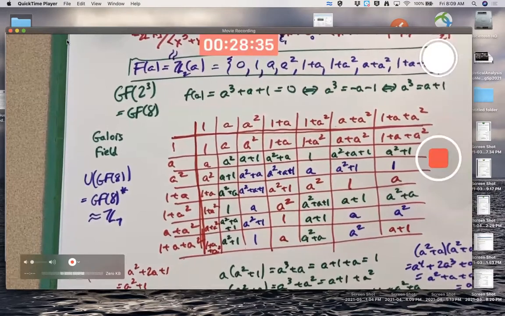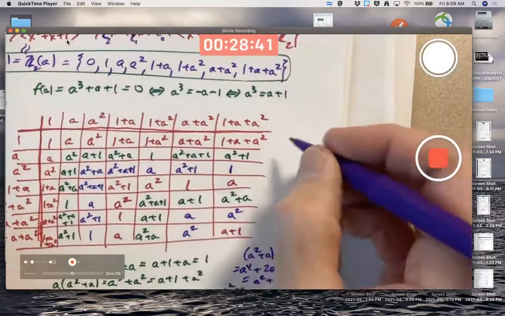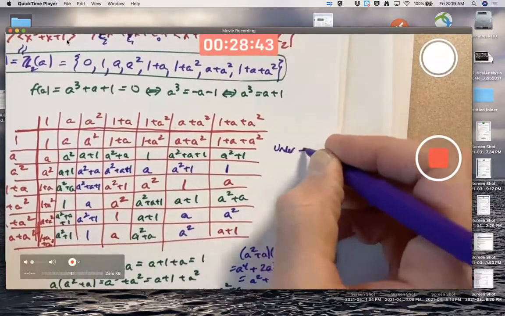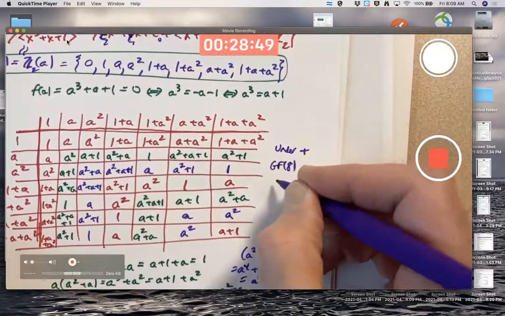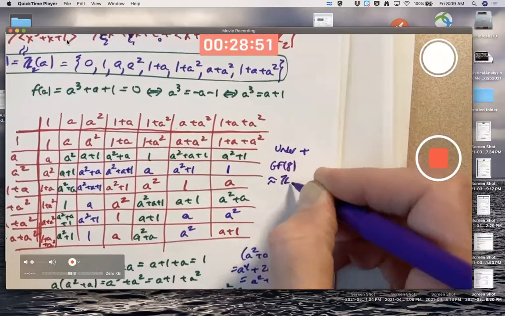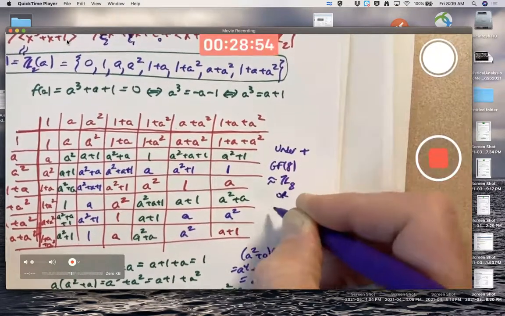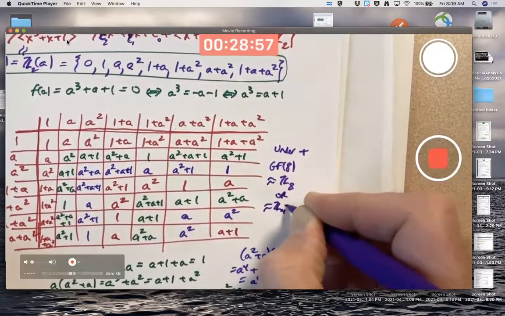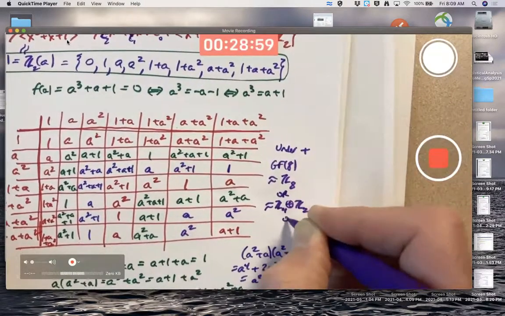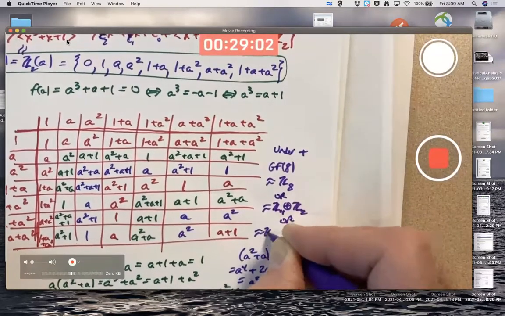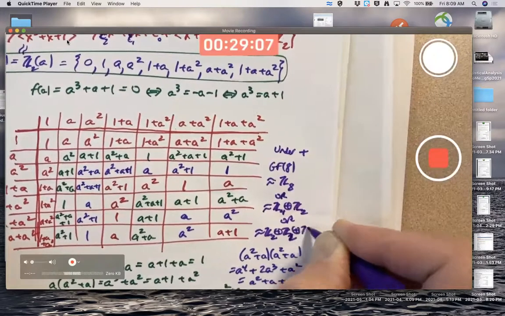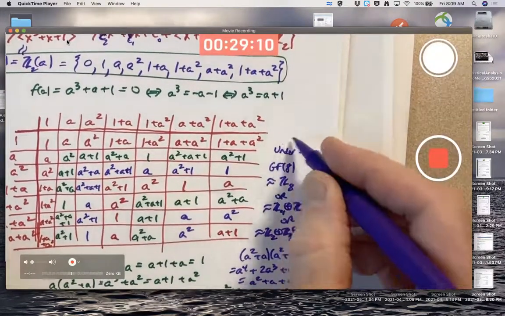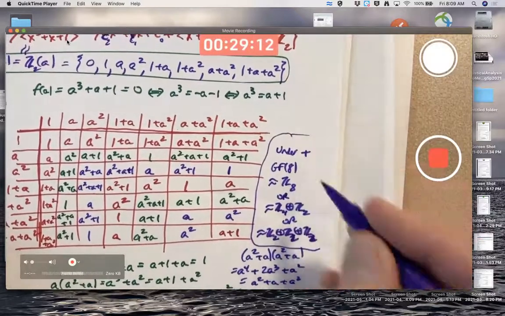It's abelian, so under addition GF8 is either isomorphic to Z8, or isomorphic to the external direct product of Z4 and Z2, or isomorphic to the external direct product of Z2 with itself, 3 copies of Z2. It's got to be one of those 3 groups under addition, because those are the only 3 groups of order 8 under addition.